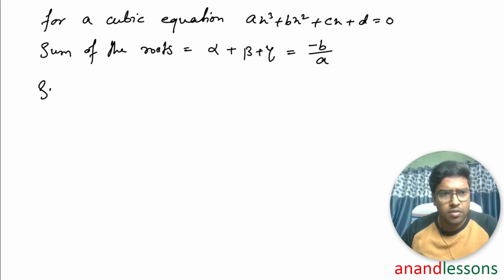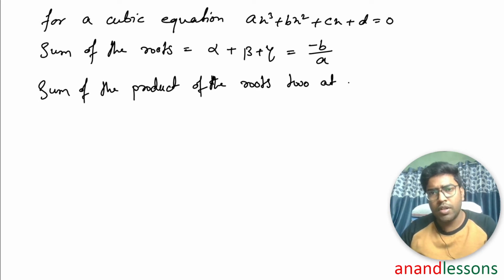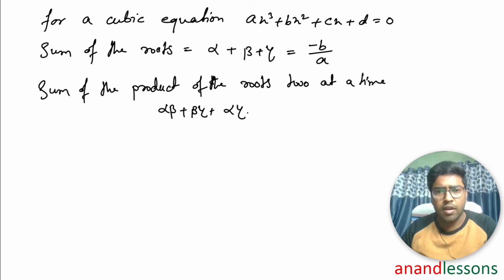The sum of the product of the roots two at a time, alpha beta plus beta gamma plus alpha gamma, will be equal to c by a.